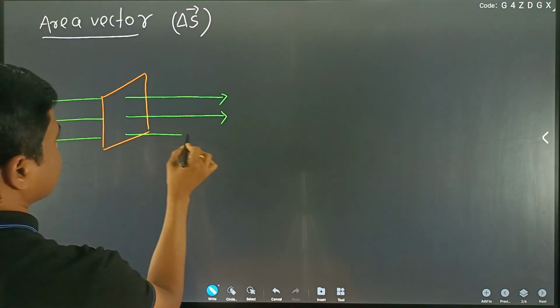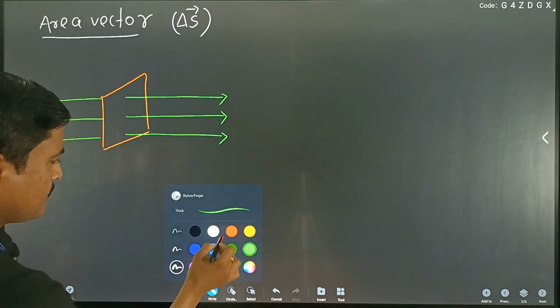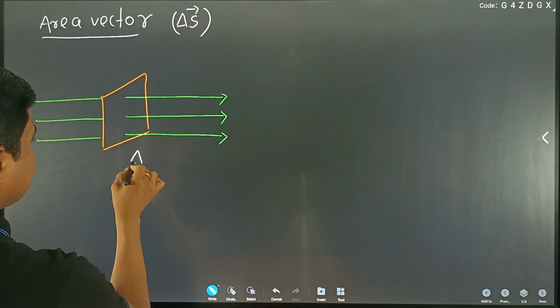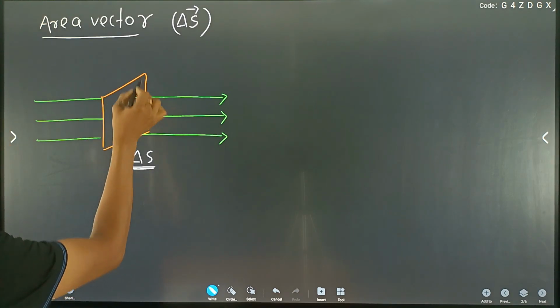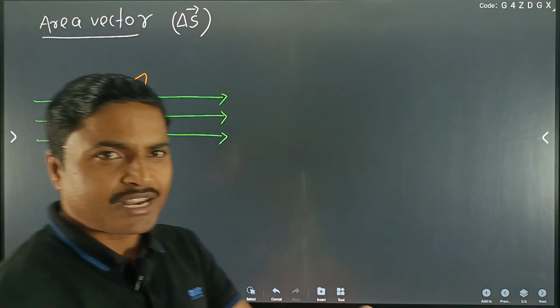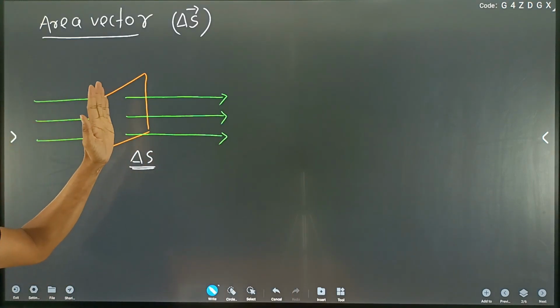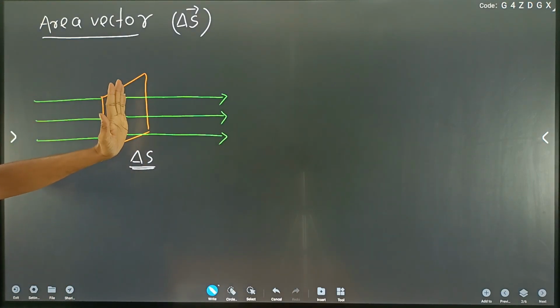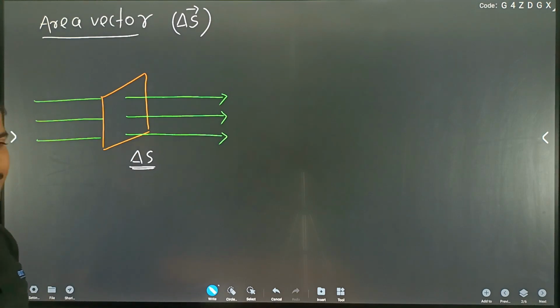And in this case, the small area element is perpendicular. This small area element is perpendicular to the direction of the electric field lines, just like this. The small area element, that is del S, is perpendicular to the electric field lines.